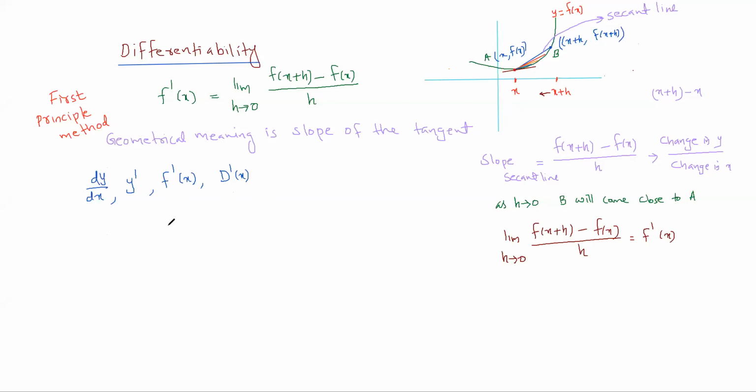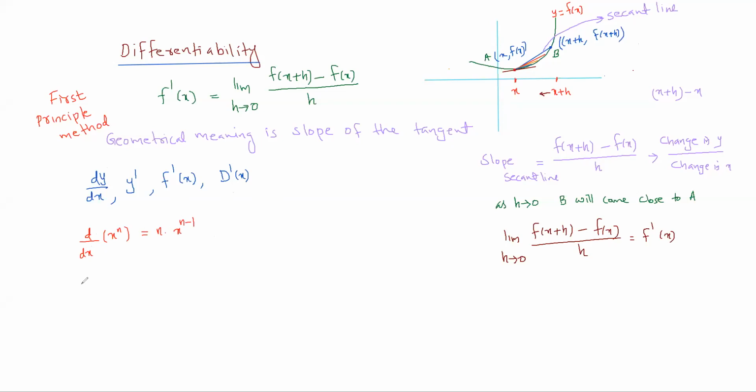Then we have derived many formulas, like the derivative of x to the power n is equal to n into x to the power n minus 1. These are the standard results you have discussed.